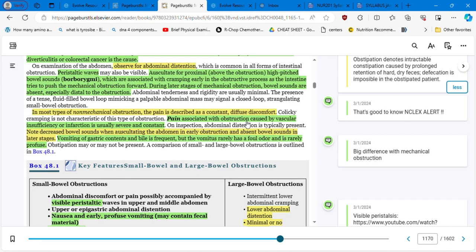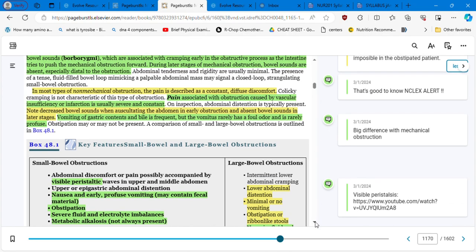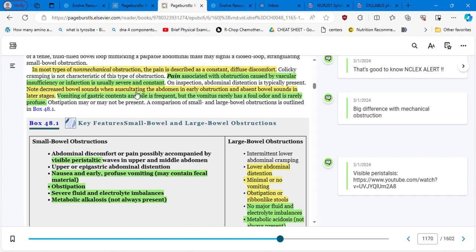Another difference, okay? You have decreased bowel sounds when auscultating the abdomen in early obstruction and absent bowel sounds later. Vomiting of gastric contents and bile is frequent, but the vomitus rarely has a fecal odor and is rarely profuse. That's another difference with mechanical obstruction, right? Because non-mechanical is neuromuscular. Okay.